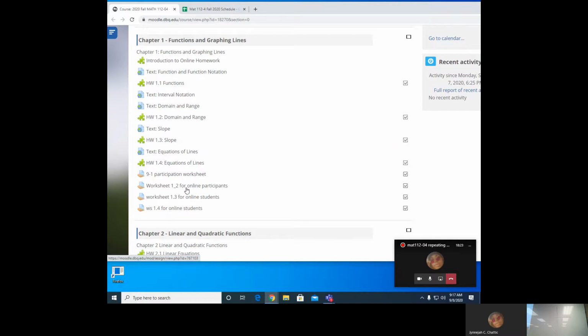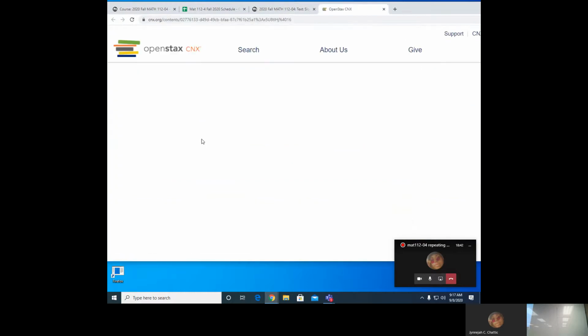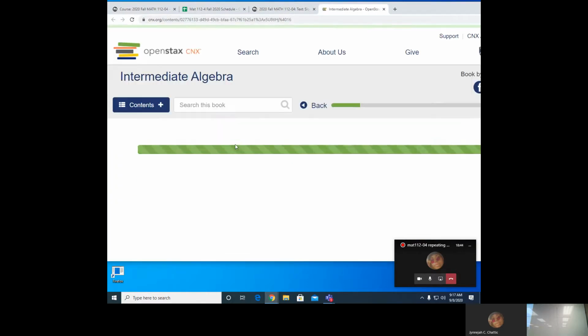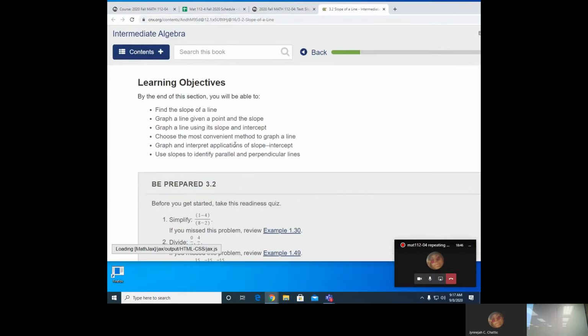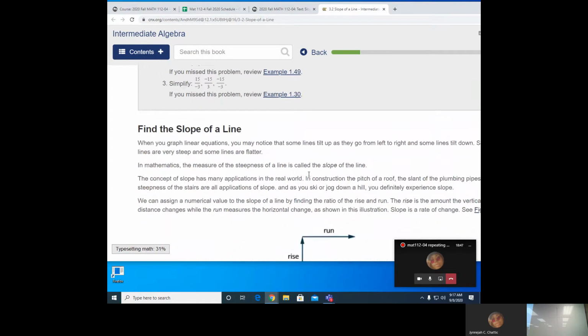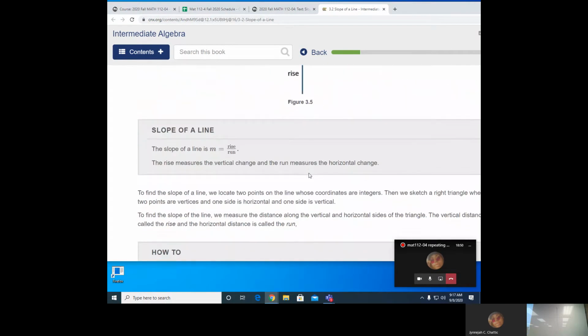Maybe, well, for the start here, I'm going to do something on the board, going over the whole idea of point slope. And let's look at the text, because it gave a little help here. I'm going to open that in a new tab. In that online text, they talk about the slope form, the rise over run.